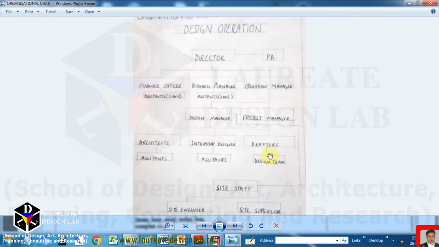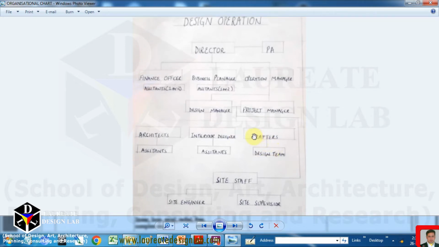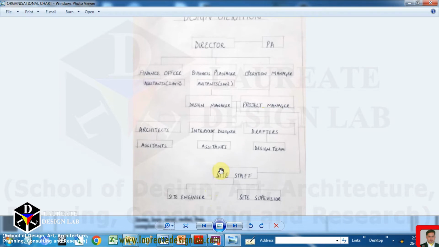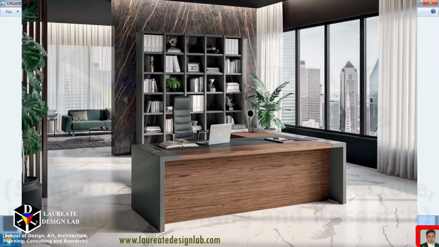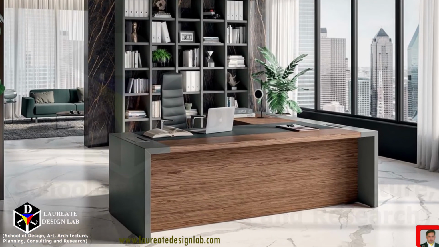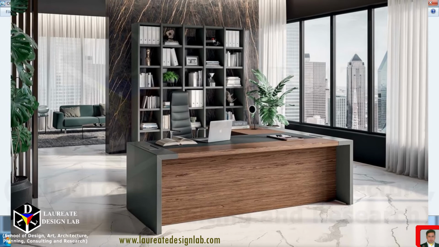Now you may object, why should the drafter work under the design manager? Why not the project manager? If somebody in your company is handling project management and wants to have the draftsman under him, you can allocate that. But generally this is the pattern. Mostly this is the pattern of working. Now you can understand, the director must get 200 to 250 square feet area.